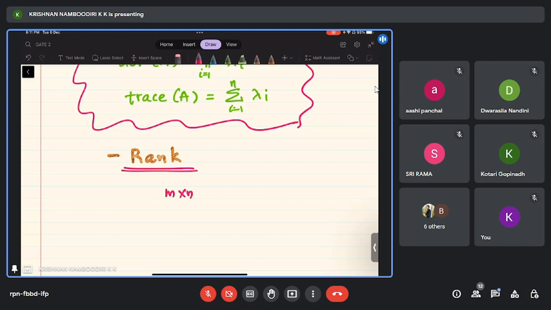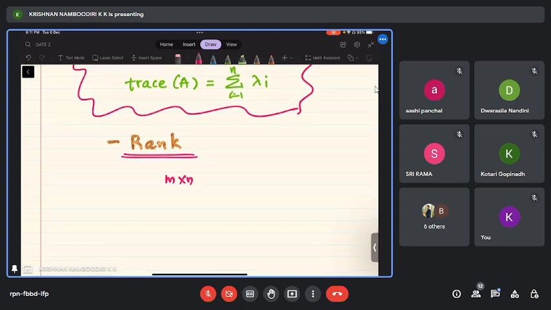That means the number of columns need not be equal to the number of rows for the matrix that we are considering. For any matrix, we can define rank. Rank of a matrix is a number, an integer, a non-negative integer. That means rank can be 0, 1, 2, up to the minimum of m comma n.